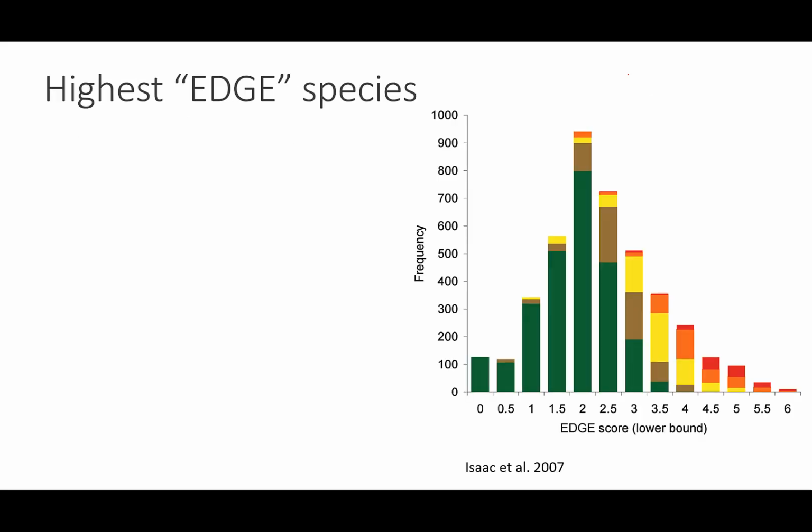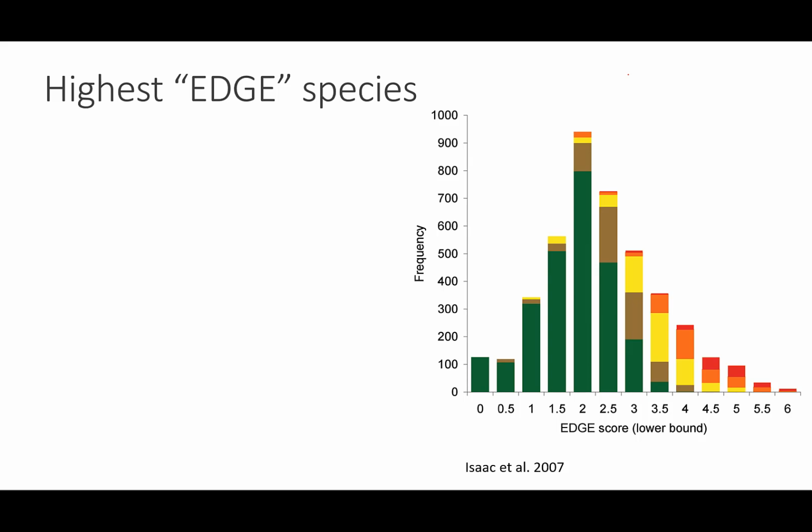Finally, I wanted to show you some of the results from one of the very first EDGE papers, which was published in 2007. I will also post this paper for you to take a peek at. I know that there are a lot of papers and documents that you're going to have to sift through for this topic, but it's just because there's so much cool and unique information that relate to conservation biology, which makes me kind of sad because we can't really delve into all the details.